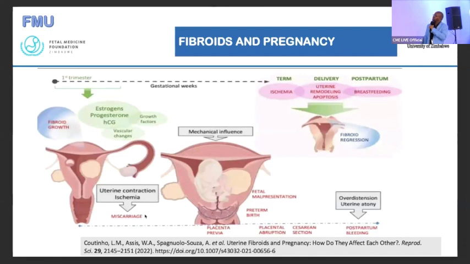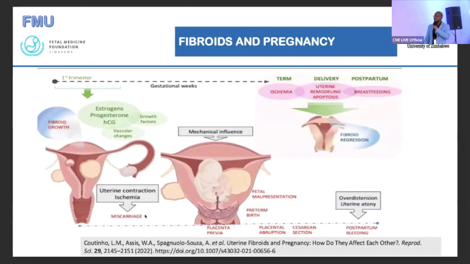What are the effects of fibroids on the pregnancy? I think we've gone through this. In the first trimester, there's a higher risk of miscarriages. Going to the mid trimester, abnormal placentation, risk of antepartum hemorrhage, risk of placental abruption. In the third trimester, difficulties with evaluation of gestational age.